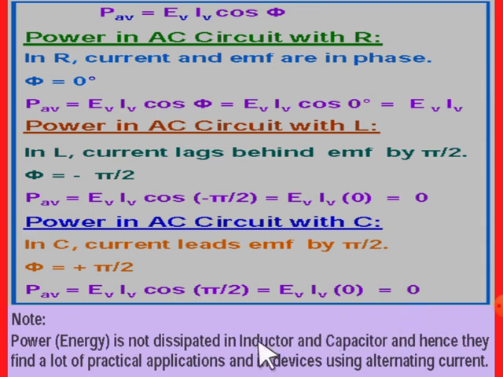Now a point to be noted: power or energy is not dissipated in the inductor and capacitor. Why? Because the power is equal to 0. So in the case of an inductor and capacitor, no power is consumed. What happens in the positive half cycle, for example, is that power will be absorbed.